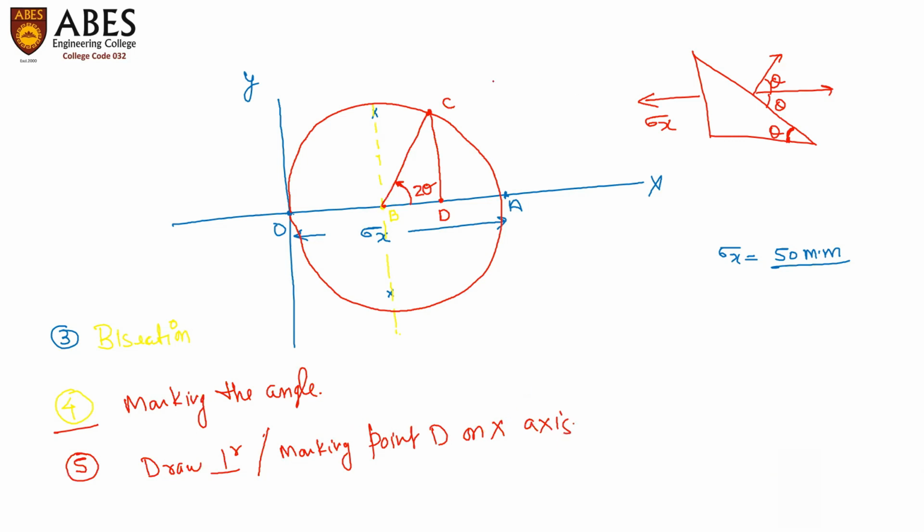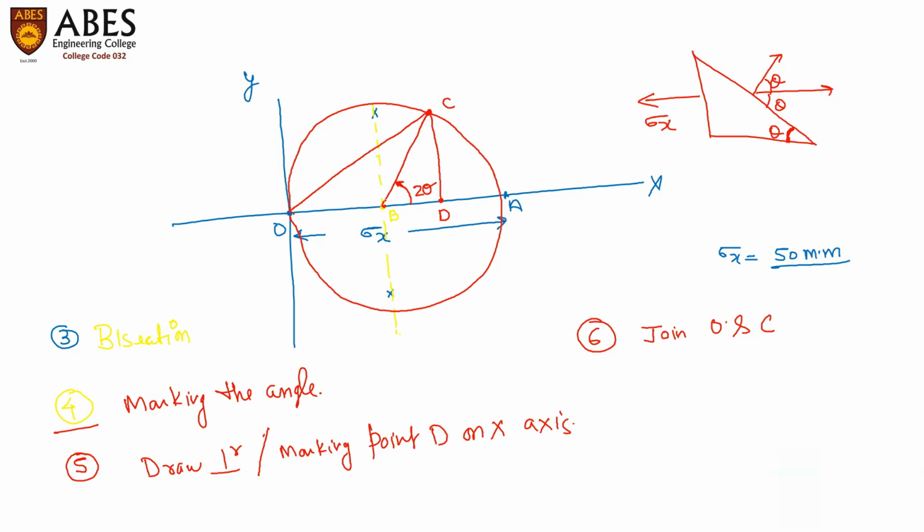Now, the sixth step is join the line O and C. The results are final to be seen right now.